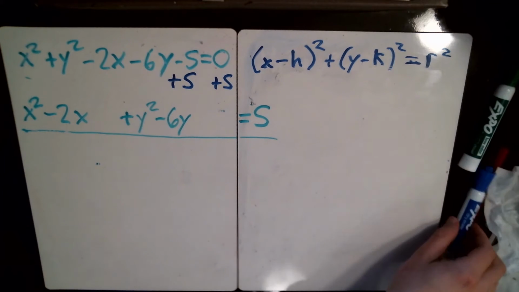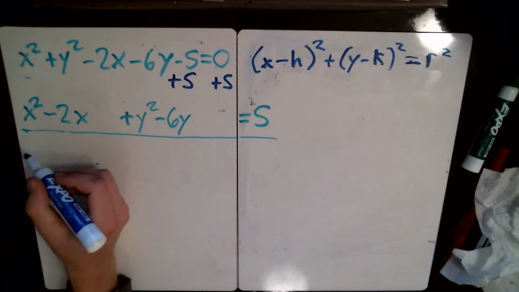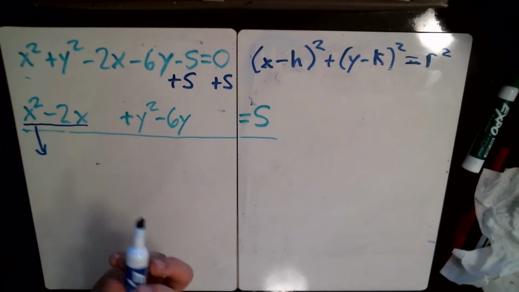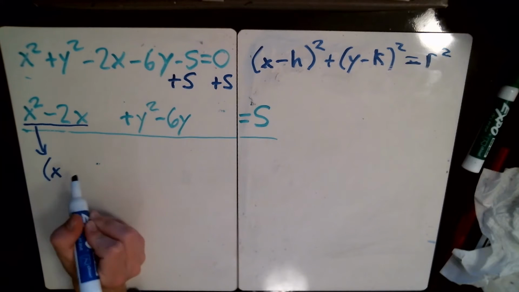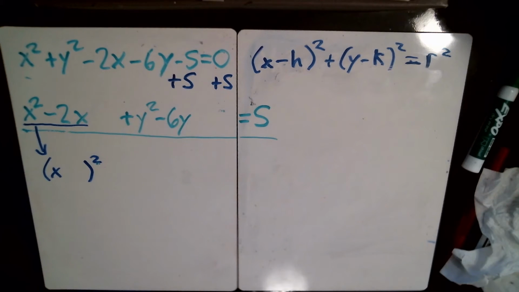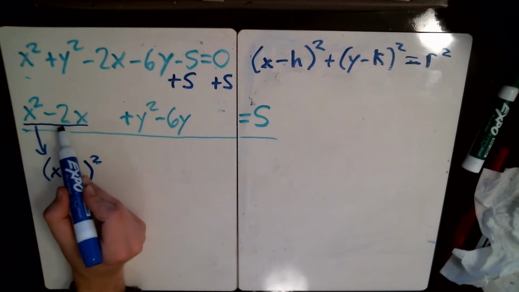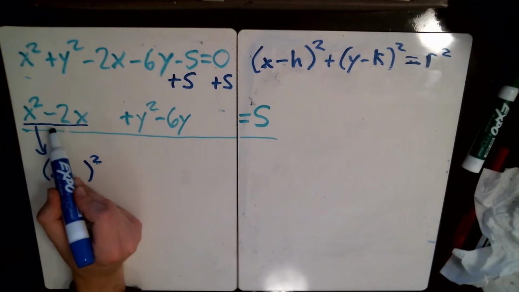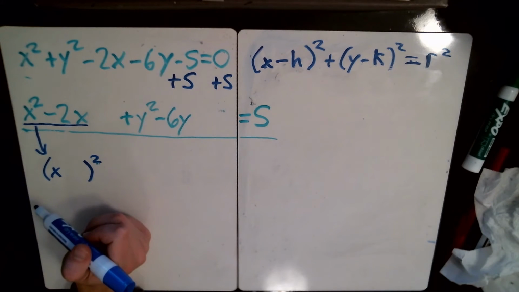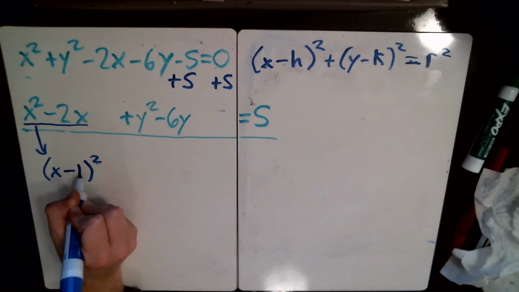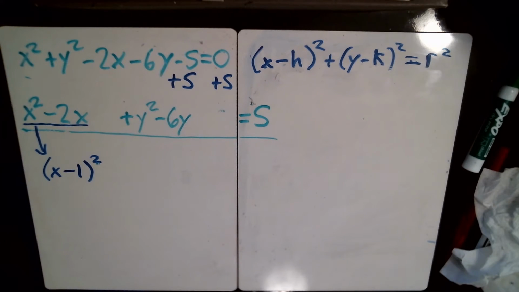So I'm going to think, what square is really close to this quadratic? Well, it's x with something squared, and you take the negative 2, and divide that by 2. So negative 2 divided by 2 is negative 1. So I'm going to put a minus 1 there. That should be the square that is really close to this x squared minus 2x.